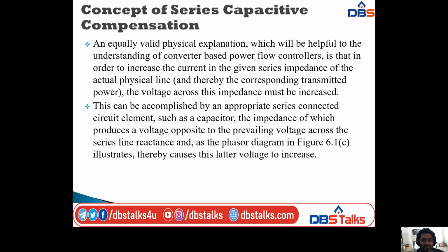This can be accomplished by an appropriate series connected circuit element, such as a capacitor, the impedance of which produces a voltage opposite to the prevailing voltage across the series line reactance. Why? Because in the diagram we are using capacitor and reactance both in this series capacitive compensation for a two-machine system.